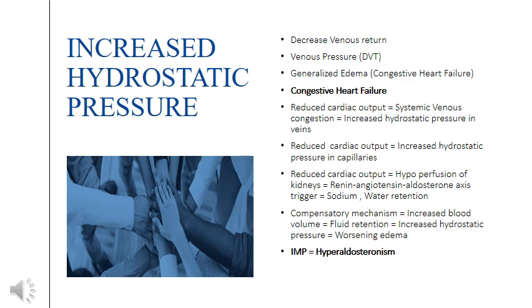Reduced cardiac output can also cause hypoperfusion of the kidneys. It means when cardiac output is decreased, the heart is unable to supply the normal volume of blood to the other body tissues. When the kidney is unable to receive a proper quantity of blood from the heart due to congestive heart failure, the renin-angiotensin-aldosterone axis gets activated.